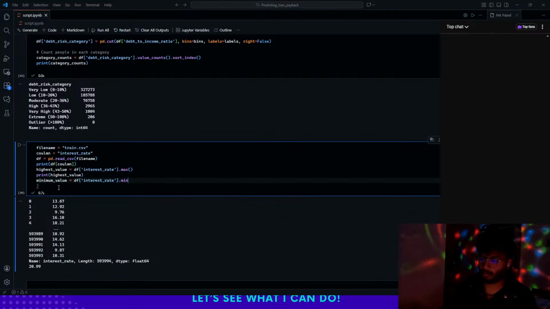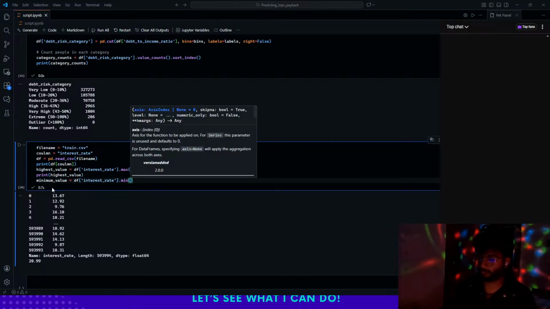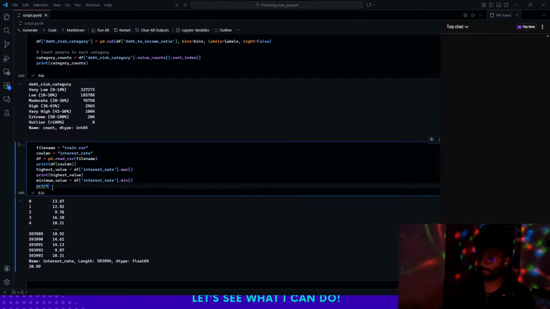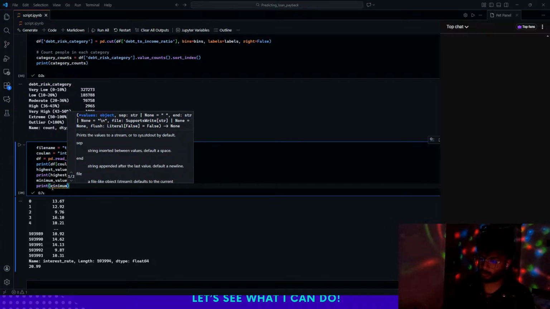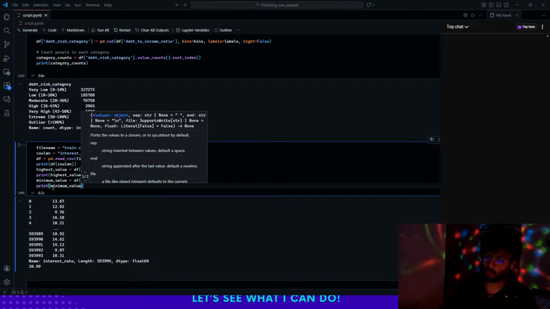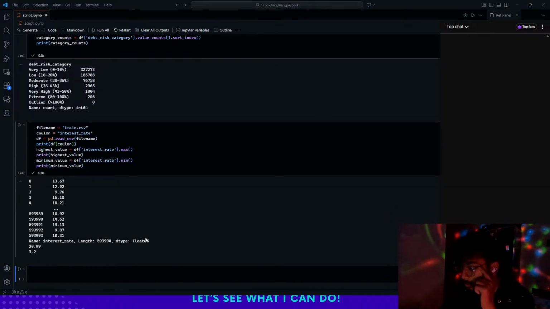My bad. Print value. The minimum is 3.2 and the highest is 20.99.